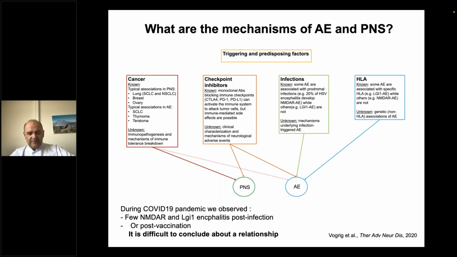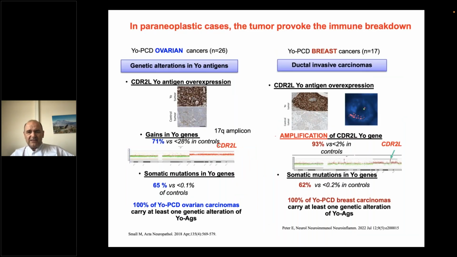So what are the mechanisms of autoimmune encephalitis?